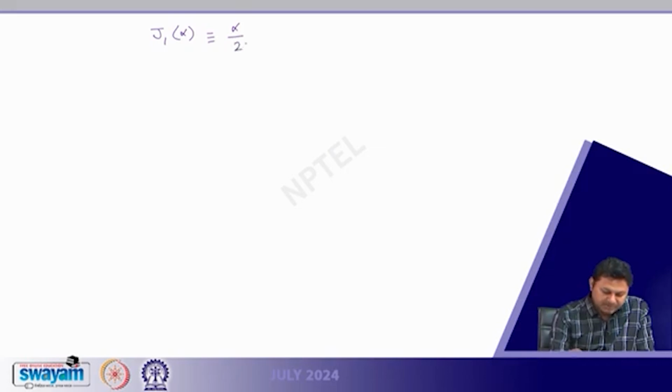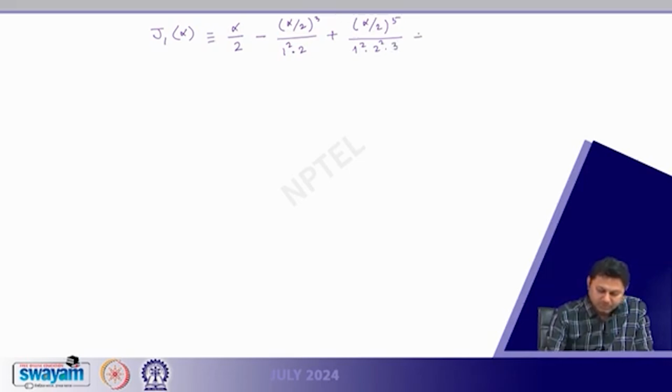expand here this series, whatever the series we are talking about. So, the Bessel function J1 alpha is a series, and it will be defined as alpha by 2 cube divided by 1 square multiplied by 2, plus alpha by 2 to the power 5 divided by 1 square into 2 square into 3, and so on.